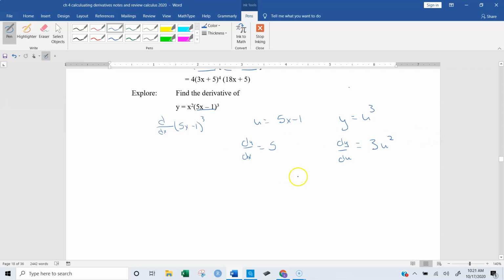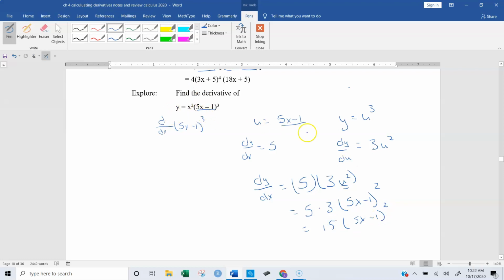We need to multiply those together. So the derivative of y with respect to x then is 5 times 3u squared. But I've got to replace the u with its original. So this is 5 times 3 times (5x minus 1) quantity squared, which gives us 15 times (5x minus 1) squared.